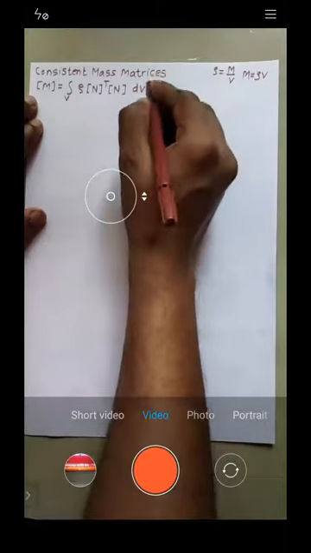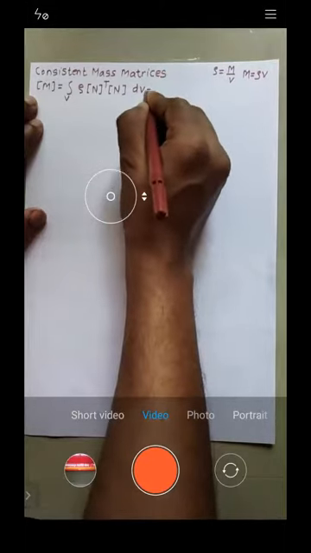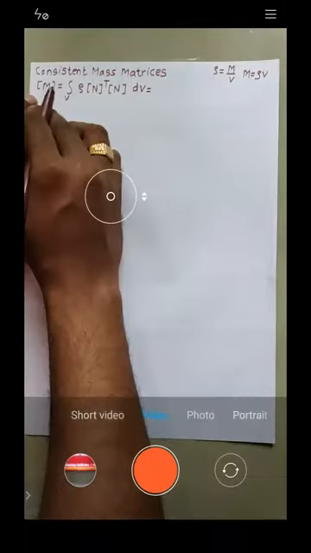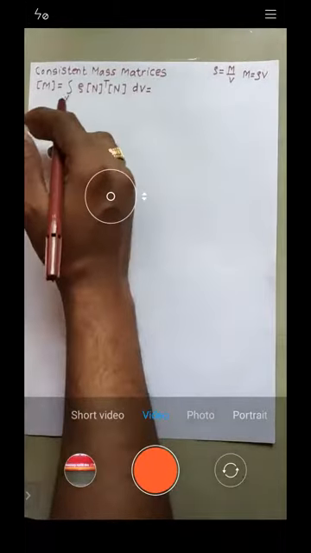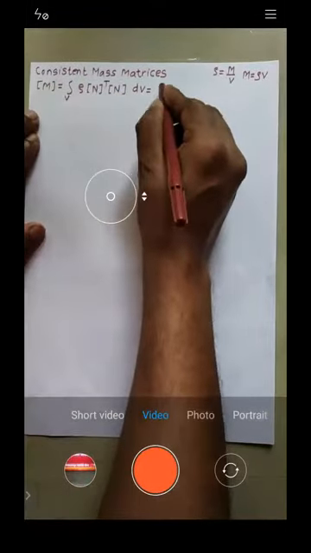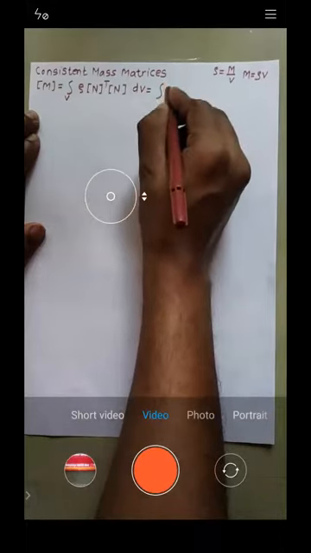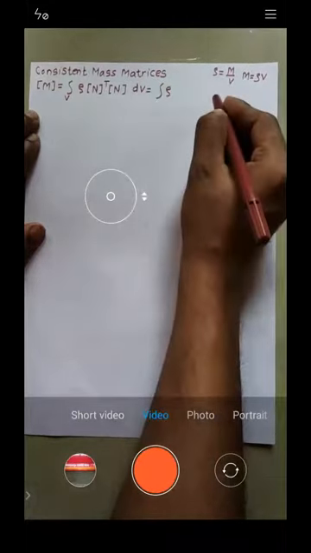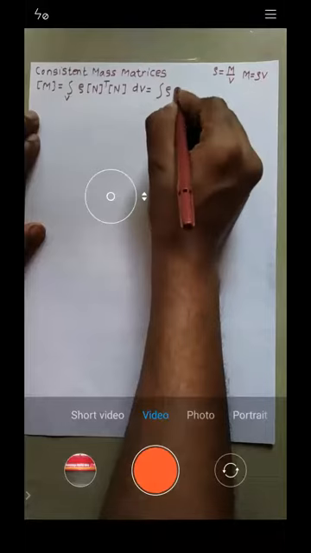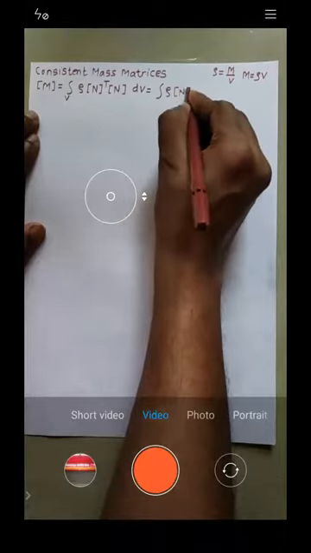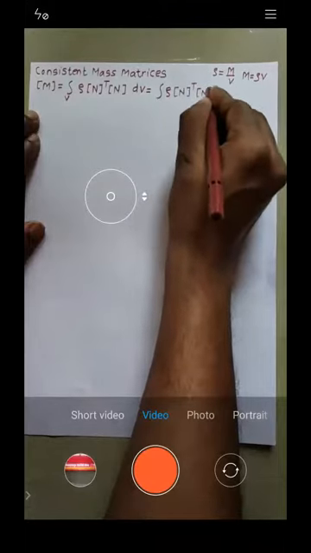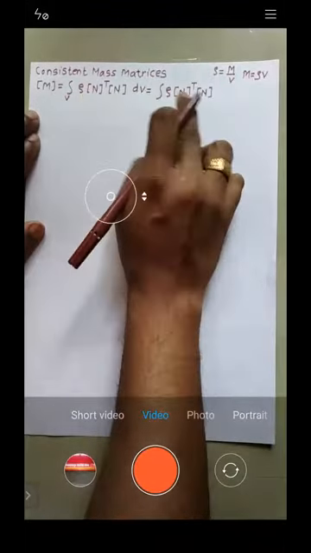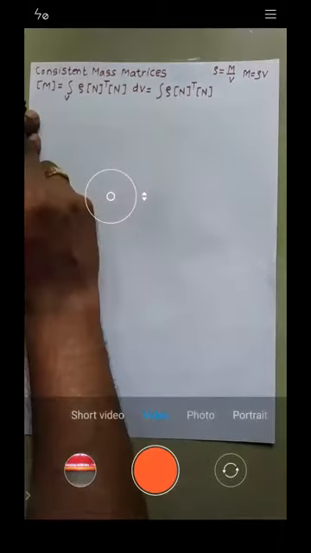I will tell you that shortly. Let me refine this equation: the integration of density, N transpose, and N, all written as they are.